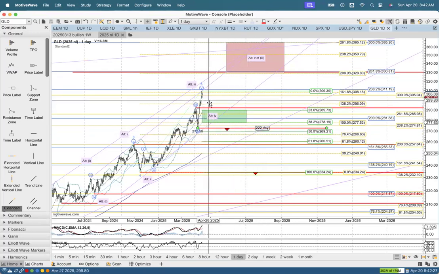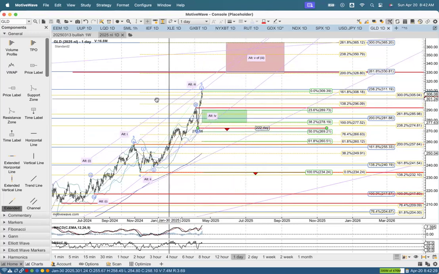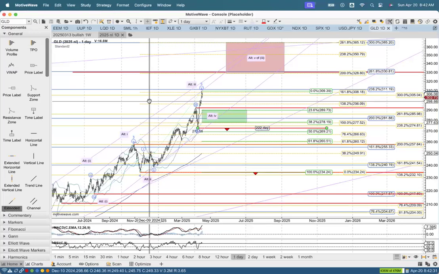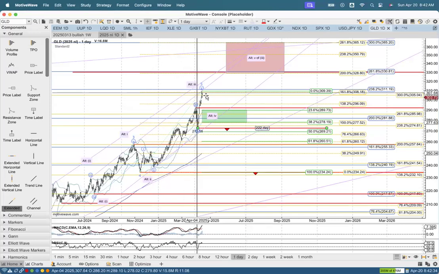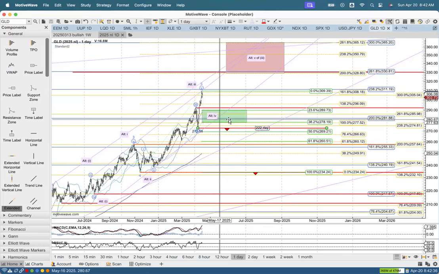So really at this point, much remains to be seen in terms of price action. Depending on how we get into this green zone, I will refine my perspective on how likely it is that it has topped.